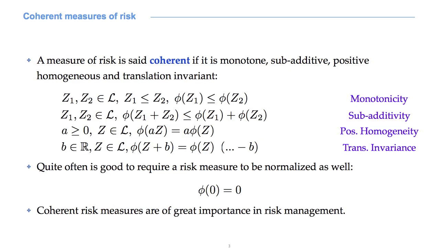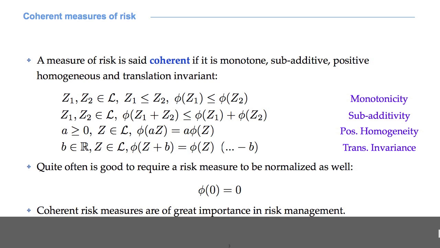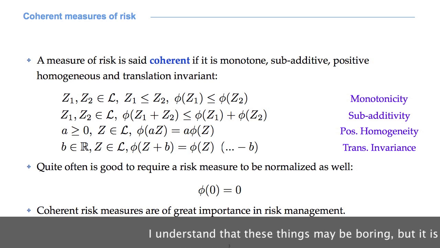A measure of risk is said coherent if it is monotone, subadditive, positive homogeneous, and translation invariant. The mathematical definitions are given on screen.